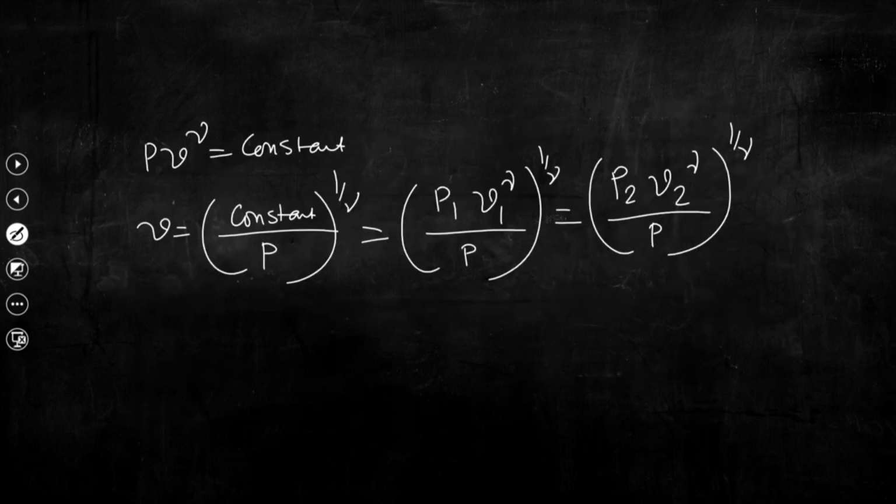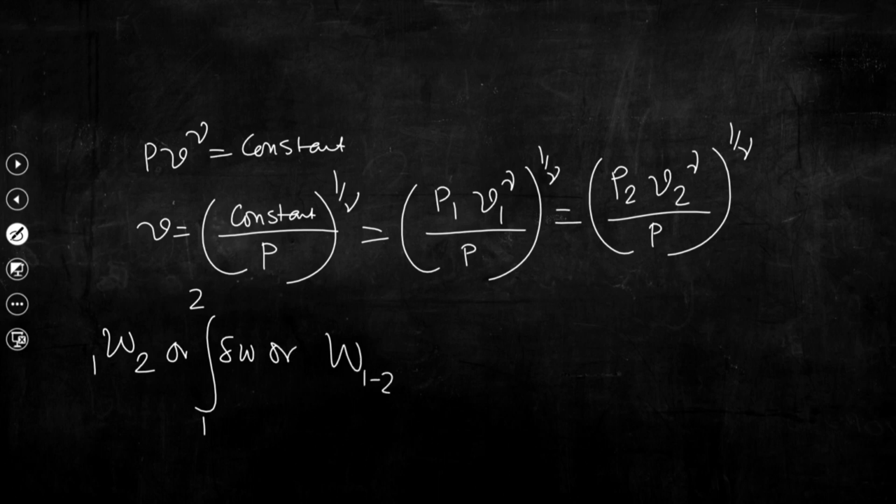Now, the work W1-2, the integral of dW, is an inexact differential. So, we can write 1W2, the work needed for the compression of the air, as the gas changes its state from 1 to 2.